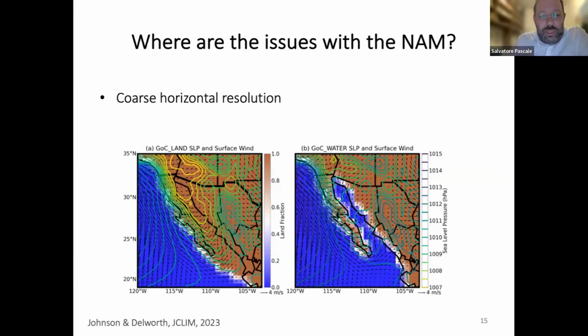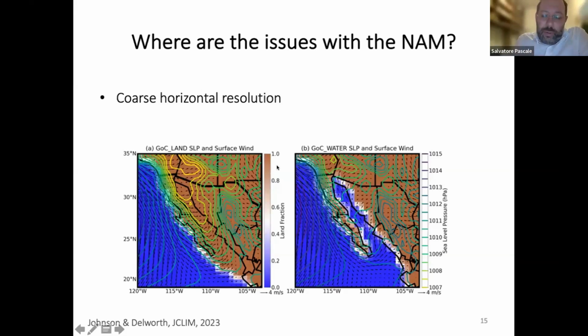And you see the impact, for example, on the low-level winds, which is very dramatic. If you don't have sea in the Gulf of California, the model doesn't capture the southerly flow, which is typical of the monsoon season over the Gulf of California, and very important for transporting moisture into the southwestern US and northwestern Mexico.